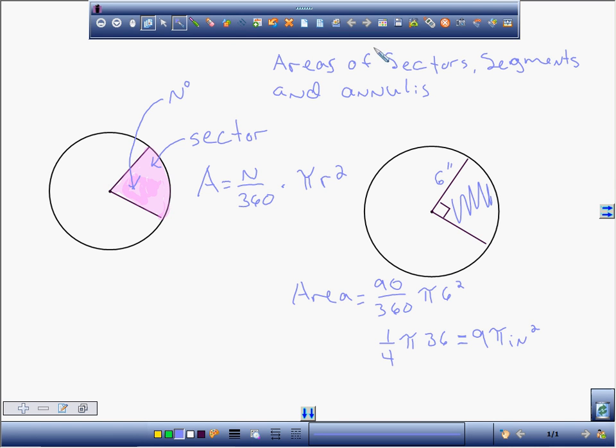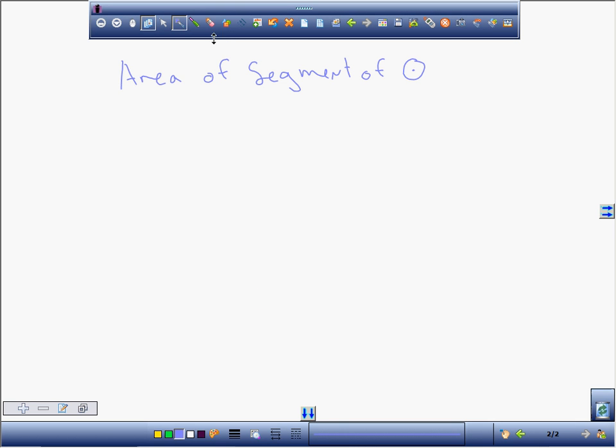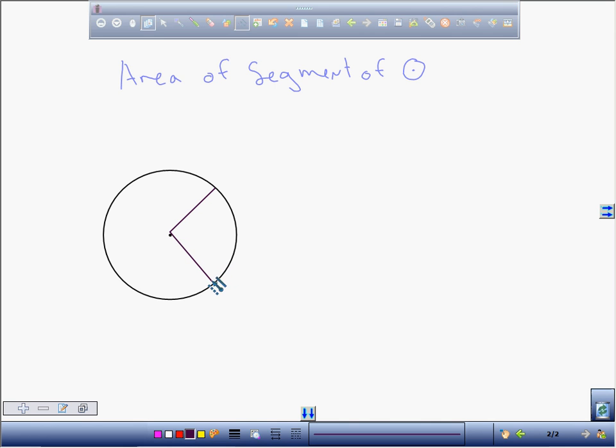Got it. Okay. Next thing is the area of a segment. Now you might think of a segment as a line, but a segment of a circle is a different thing. So to do that, first I'm going to draw a circle, then I'm going to draw, I could have gone back and copied that last one. Let's make it kind of a wide angle.